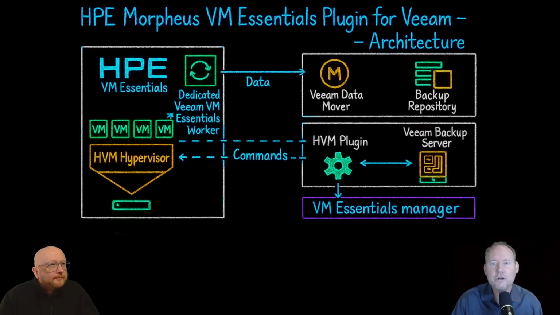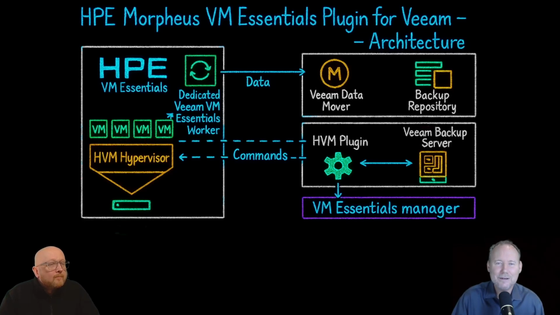The architecture is pretty simple to understand. You have the plugin itself, which adds all the intelligence to the Veeam backup server. This tells the Veeam backup server how to talk to the VM Essentials manager, which is the management plane. It tells it how to communicate with the HVM hypervisor, which is the actual hypervisor type.